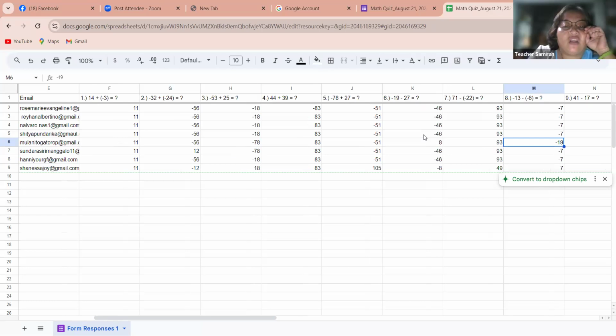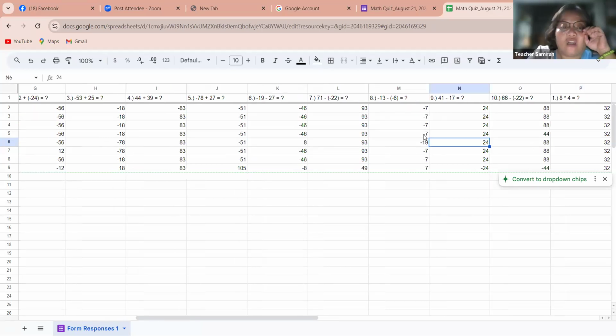Same, change, change for the subtraction. Negative 19 minus 27: same, negative 19; minus becomes plus; positive 27 becomes negative 27. So negative 19 plus negative 27 is equal to negative 46. But you know what? Your answer was positive 8.